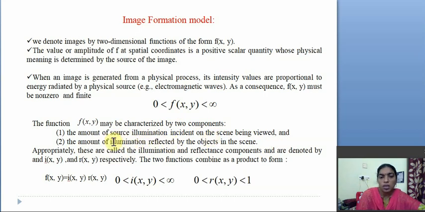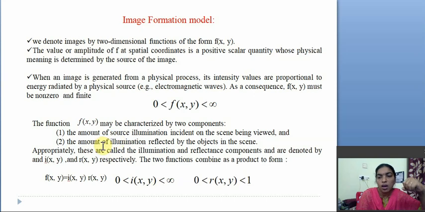So that means there is an illumination source and an object that is absorbing the particular light energy. What is the amount of source illumination incident on the object or scene? So that is one of the components.